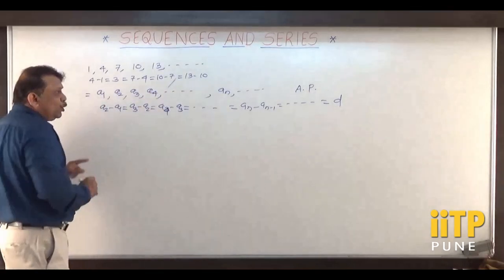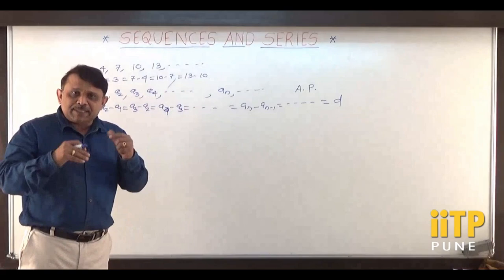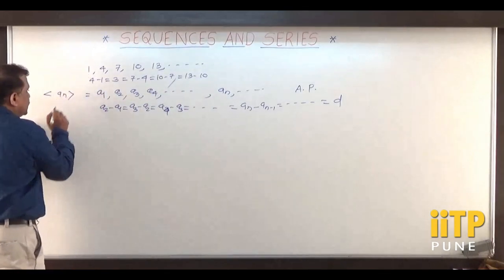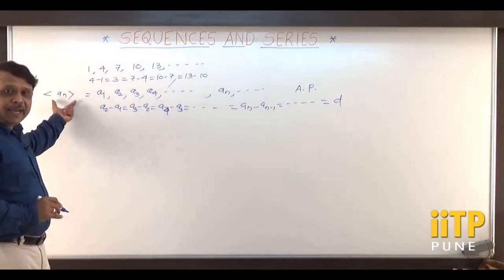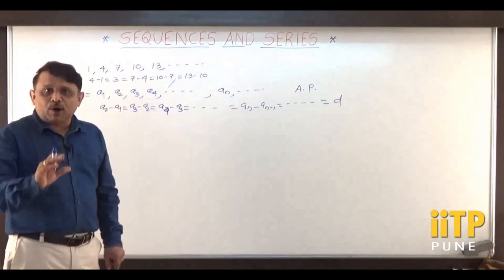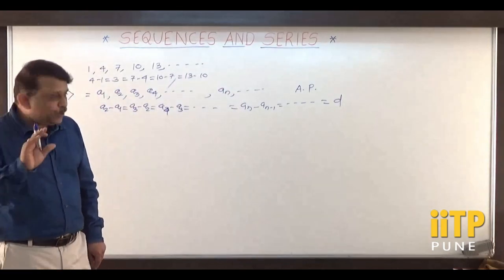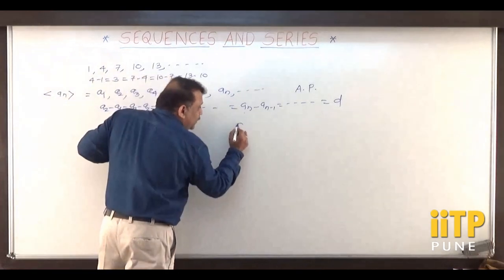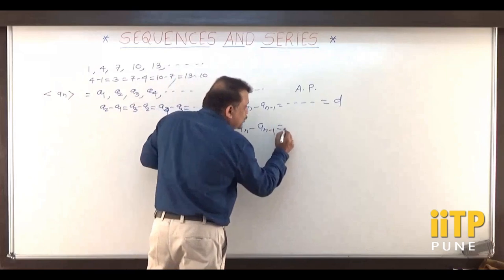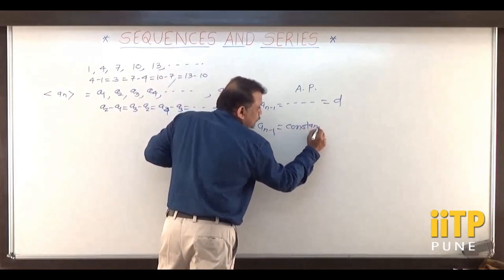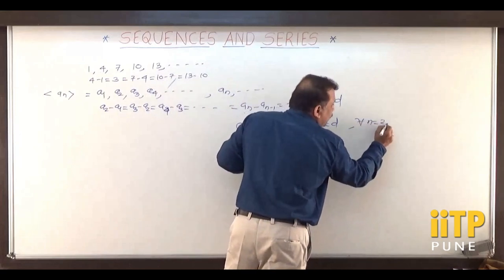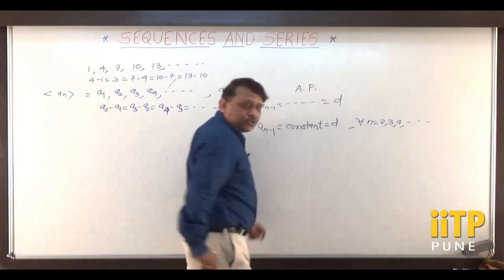So, you know that a sequence can be represented by putting its nth term in a bracket. Suppose this sequence is represented by bracketed an. So, A1, A2, A3, A4, an ... is called an AP, arithmetic progression, if this an minus an minus 1 remains constant, say D, for all n equal to 2, 3, 4 onwards.